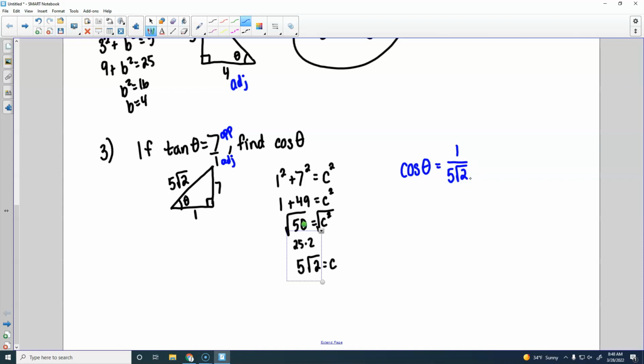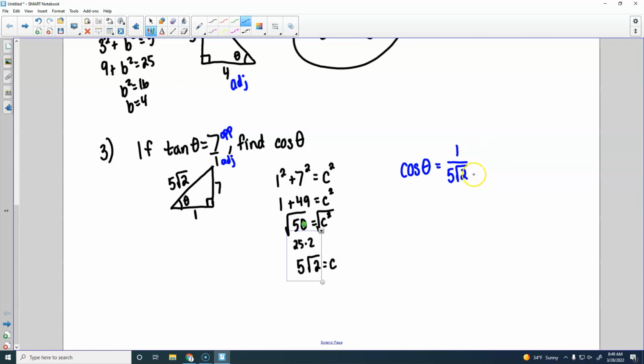But I don't like to have that square root in the denominator. This is what we did on that last unit. We need to rationalize the square root. So, Bronwyn, what do we do to rationalize that square root? How do we get that square root out of the bottom? Good. What are we going to multiply by? All right, what do we multiply the top and the bottom by?